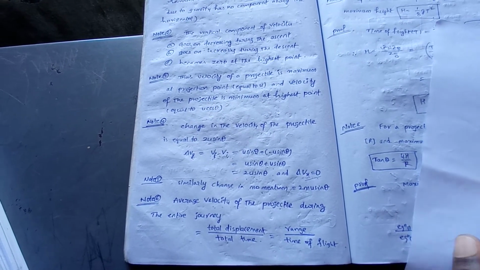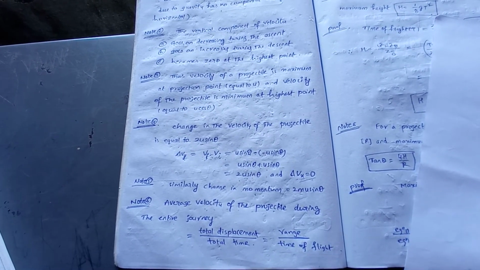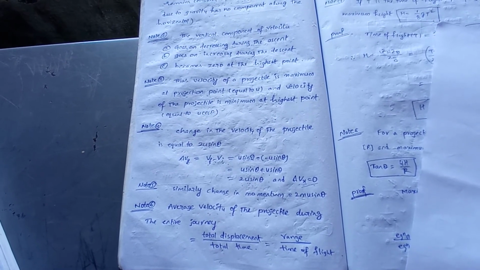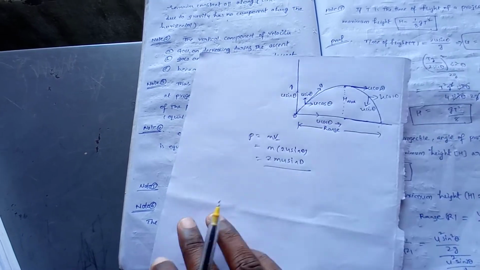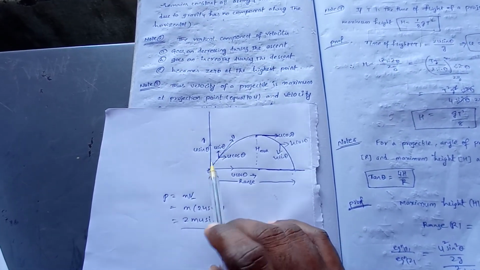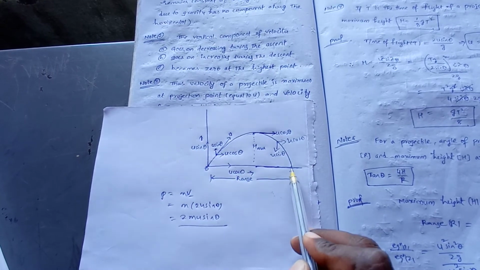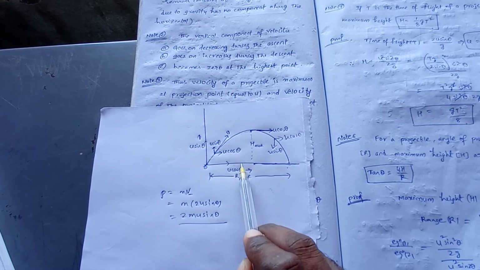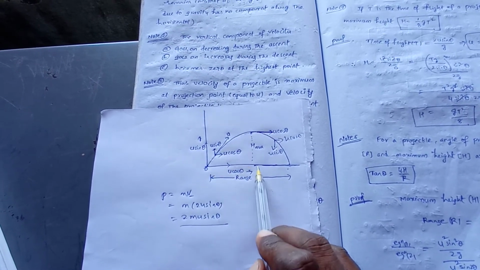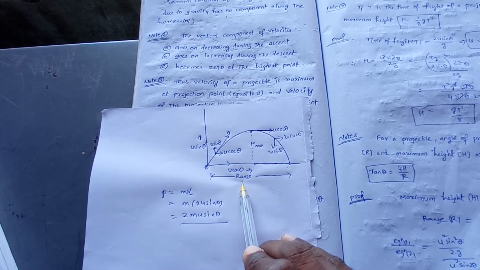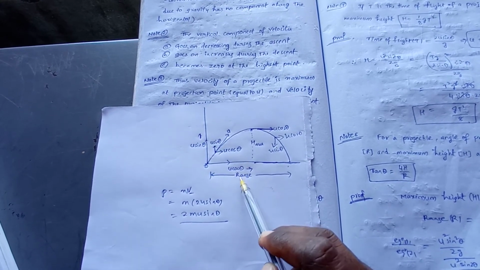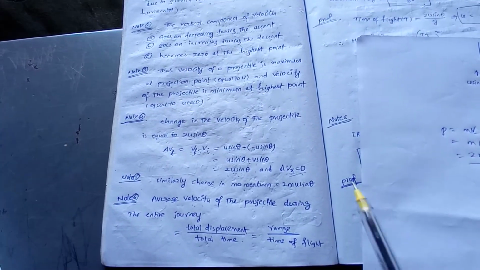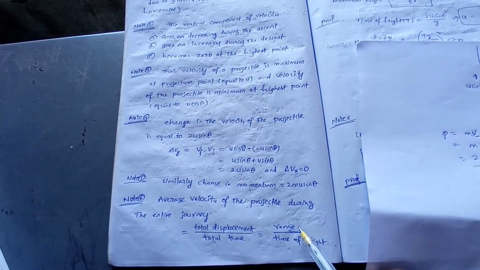Displacement is the shortest distance between initial point and final point. If you observe this figure, this is the initial point, this is the final point. This straight line is the shortest distance, and this line is equal to the range.